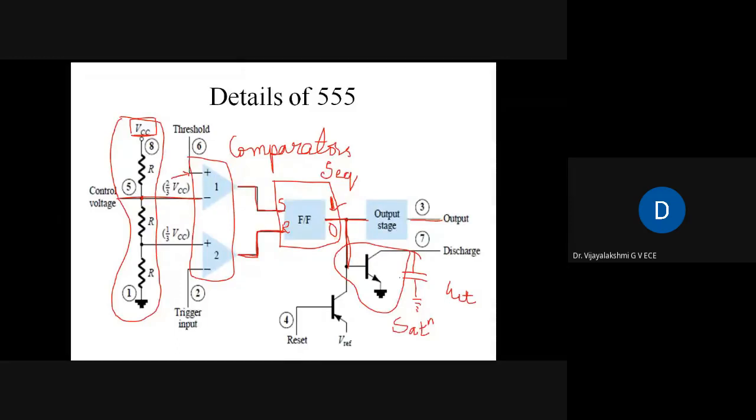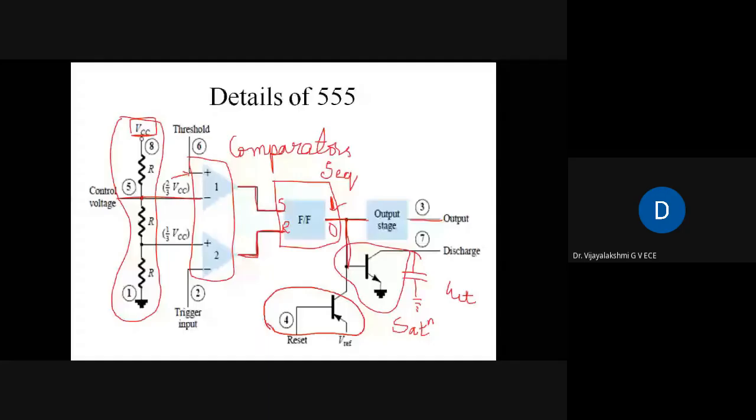that this transistor will either enter into saturation or cutoff, and the capacitor connected to it will either discharge or charge. The next, you have another transistor here, to which we are connecting a reset.